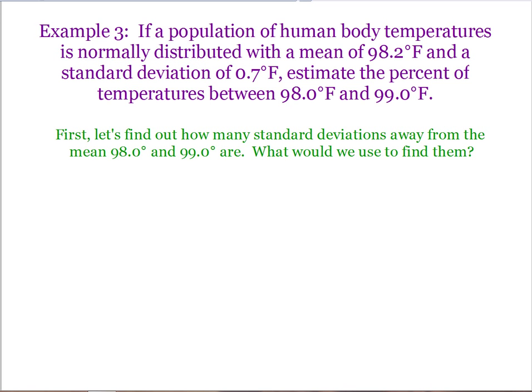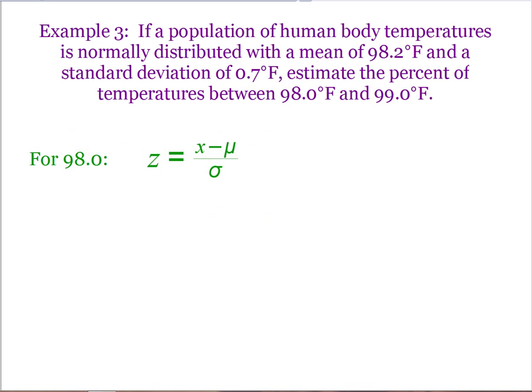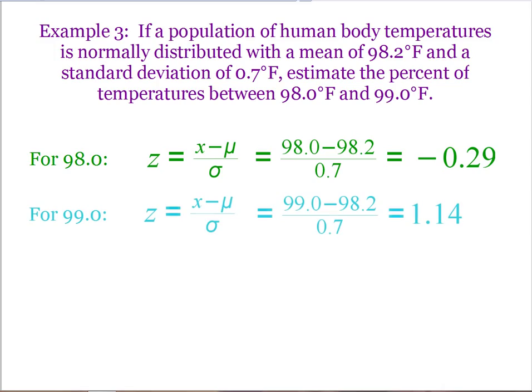First of all, let's find out how many standard deviations away from the mean we are when we're at 98 and 99 degrees. Z-scores are going to tell us how many standard deviations we are away. For the 98 degree temperature, finding my z-score, I get negative 0.29. For my 99 degree temperature, I get 1.14.